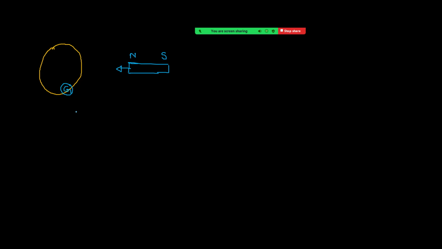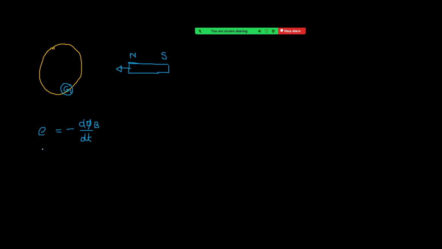Now from Faraday's law, we get an expression for the EMF induced. So according to Faraday's law, the EMF induced is given by the negative of the rate of change of magnetic flux with respect to time. This is Faraday's law. It says that whenever the magnetic flux linked with a conducting loop is changing, then current flows.